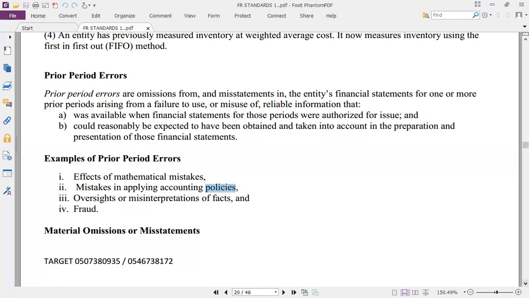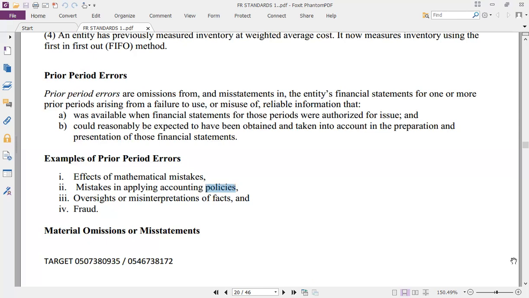So now let's go straight and look at the accounting treatment of the errors, or we call it the correction of prior period errors. So we have to correct it. Now here, you have to do what you call retrospective restatement. So here you have to correct the error as if the error had never occurred.